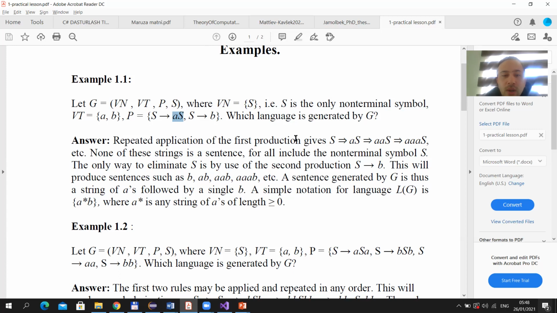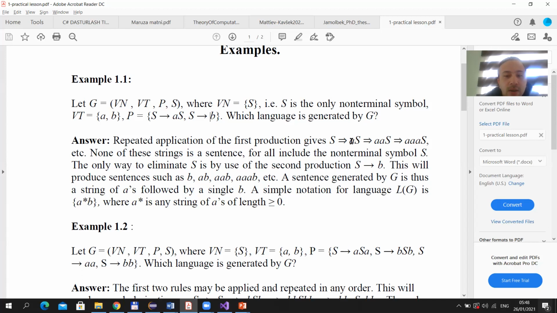We can put a lot of A's. At the end, we can conclude with B. We can only finish this language with B, otherwise we cannot finish, because this is an infinite set. You see, AAS, always S comes at the end. Once we use the second rule, then we can finish the language.